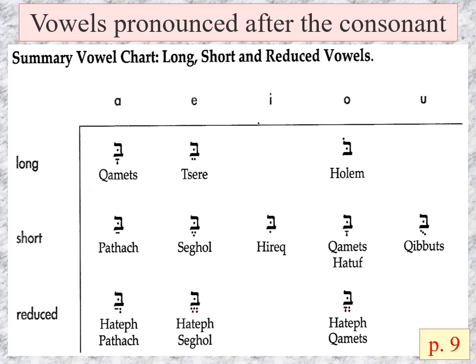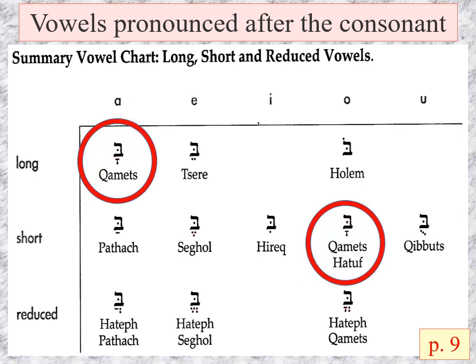And then lastly, those reduced or half vowels: the hatef patah, that's the reduced A class vowel, the hatef segol, that's the reduced E class vowel, and then the reduced O class is the hatef qamets.